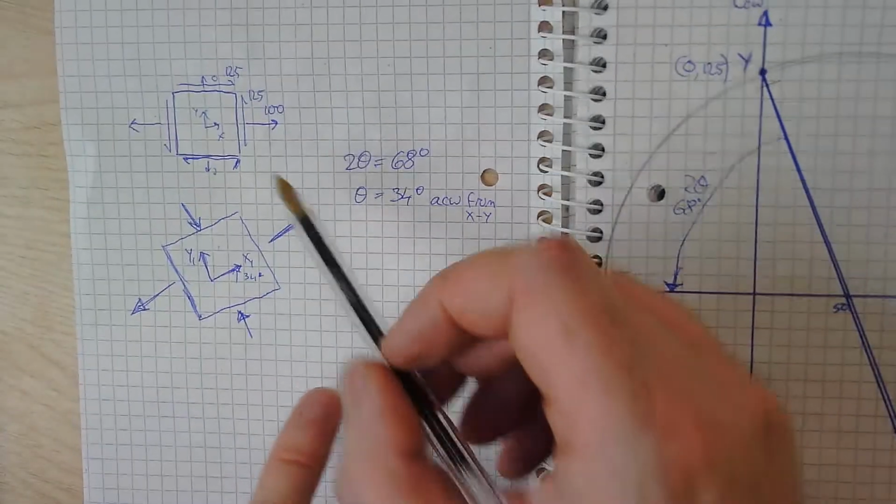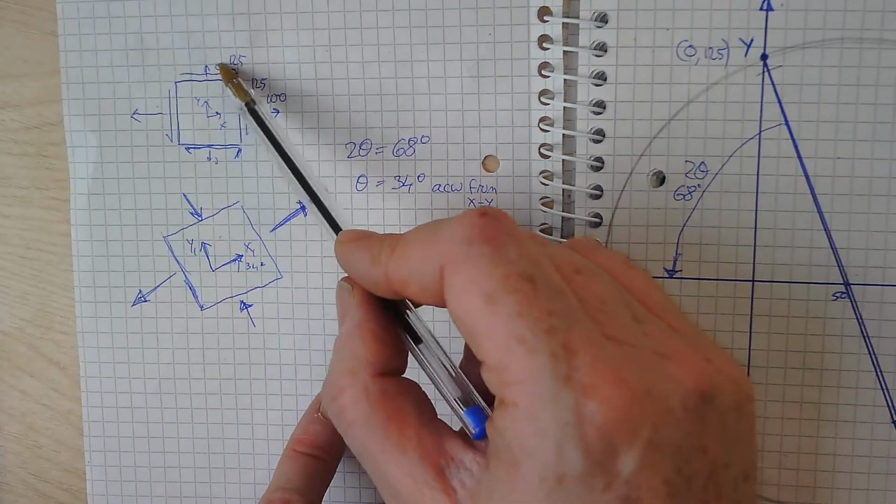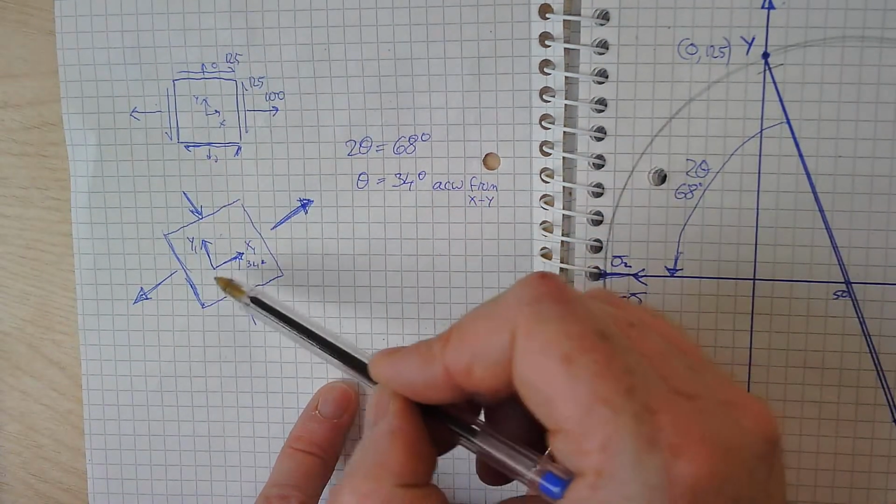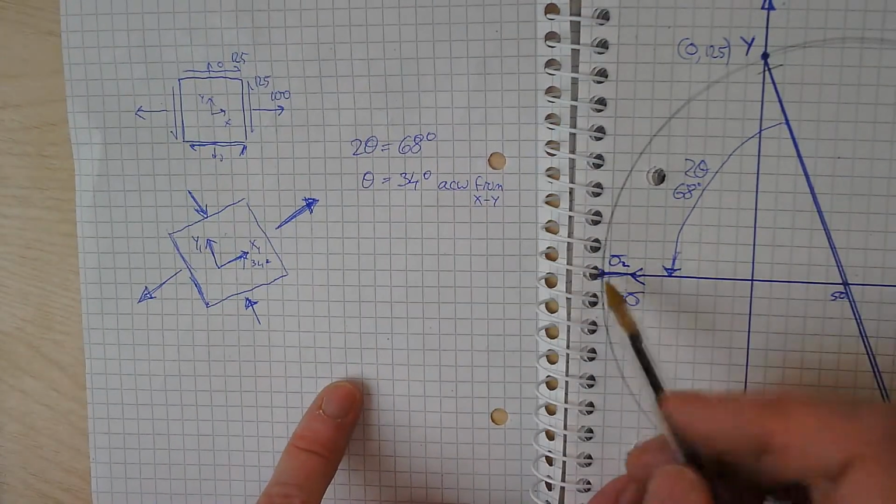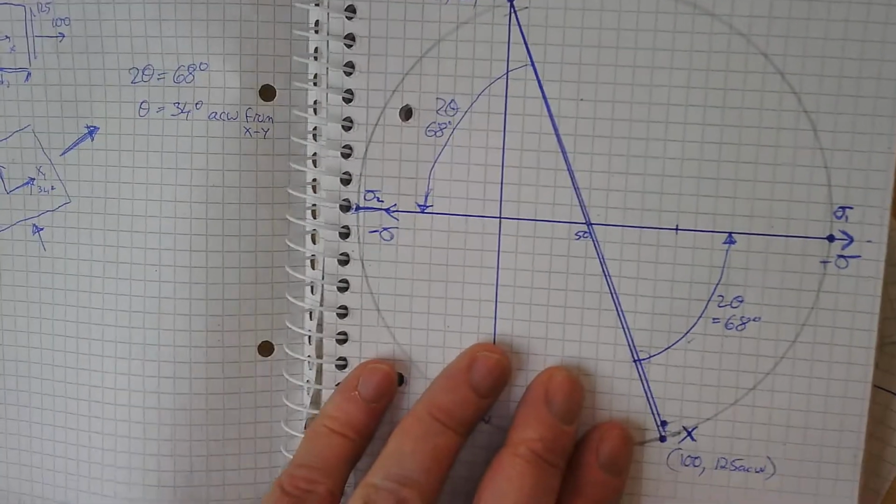So whereas in your original xy coordinate system there was nothing happening, there was no stress in the y direction, in this new y direction there is going to be a compressive stress.